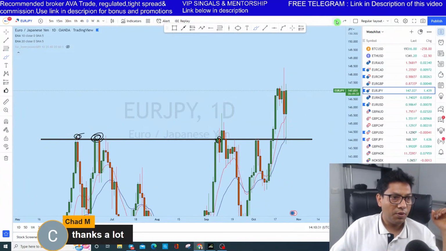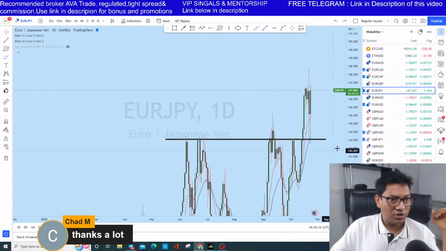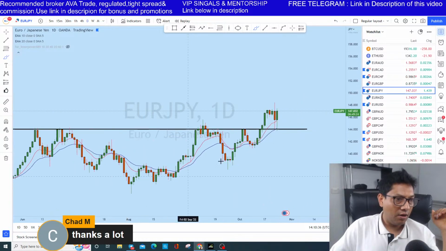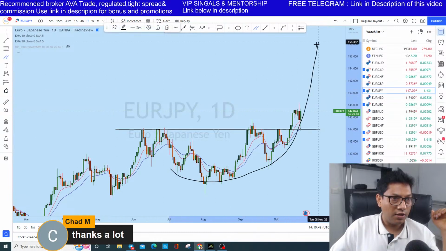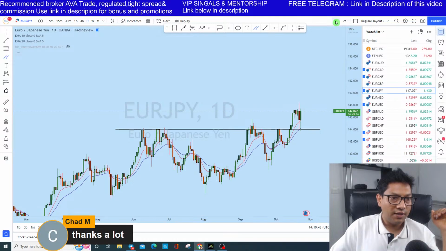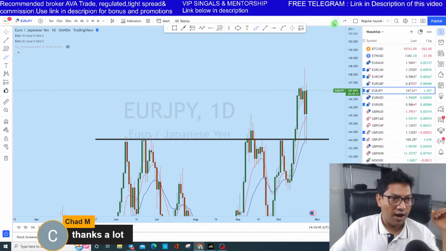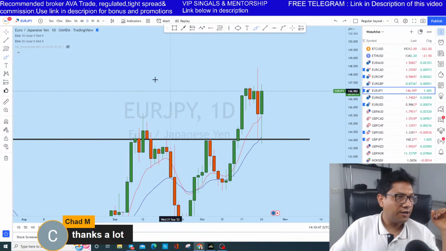So for me, it's the start of a new uptrend along this direction. As you can see on the daily, this is the price action, so I think that it will go like that. So that's a probability for a higher move, an uptrending market.